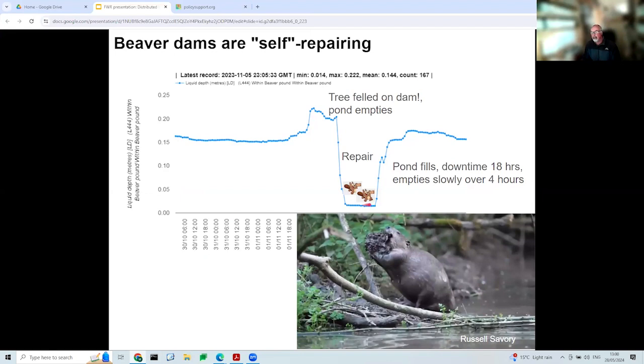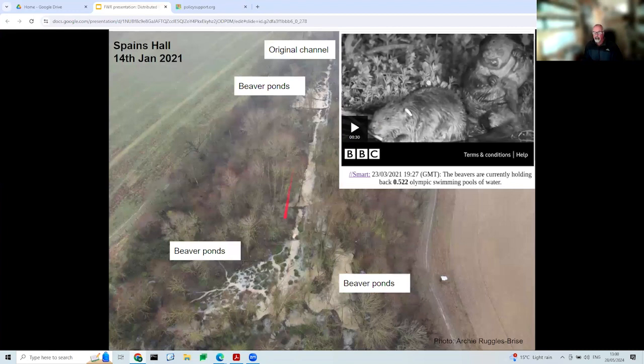It then took them 18 hours to rebuild the wall, and it filled again. So that's a pretty quick repair. And again, turning a tiny thin channel here into a much more significant storage of water.